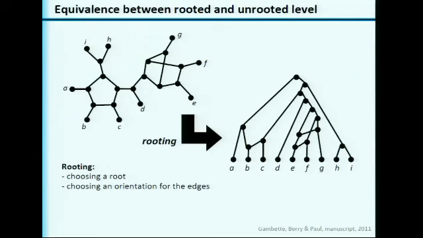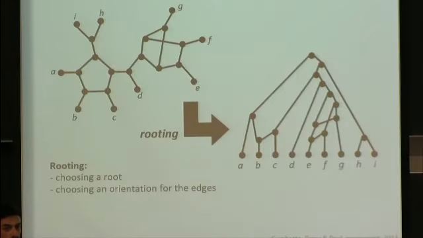I didn't mention that, in fact, the level in the unrooted and rooted contexts are exactly the same. The thing is not completely trivial, because to go from unrooted to rooted, you have to choose a root, of course, but then you also have to choose an orientation of the edges inside the blobs. And in fact, you have many ways to do this.